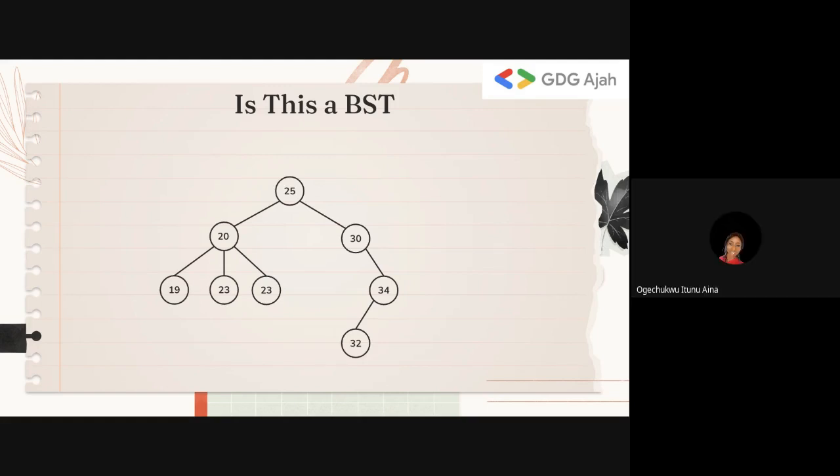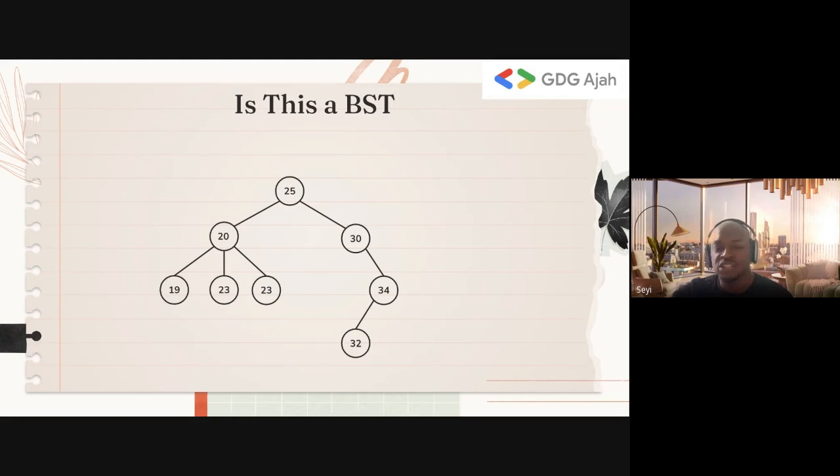Yes, it has 3 children, and because it's a binary tree, you can have at most 2 children. Is that clear? A binary search tree can have at most 2 children, not at least two children, at most two children.